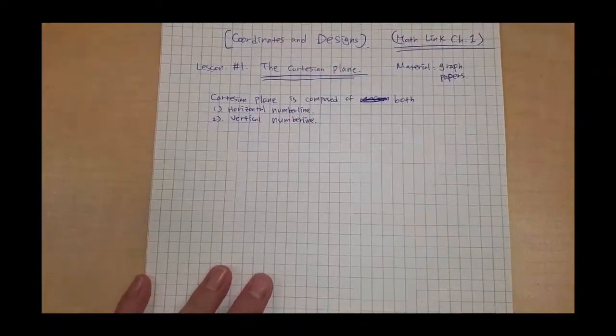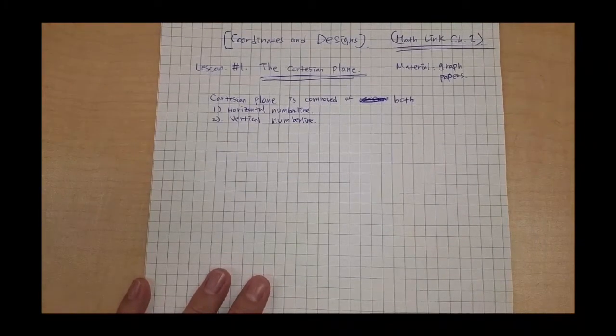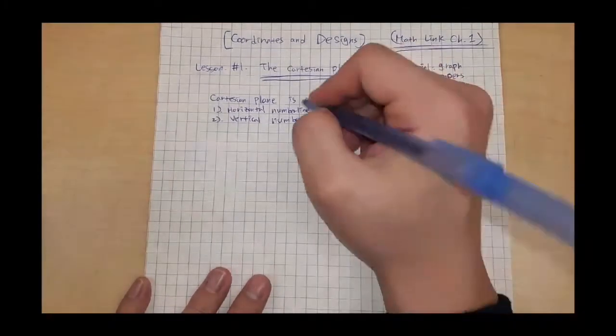And we learned about the horizontal number line and vertical number line before in the integer section.